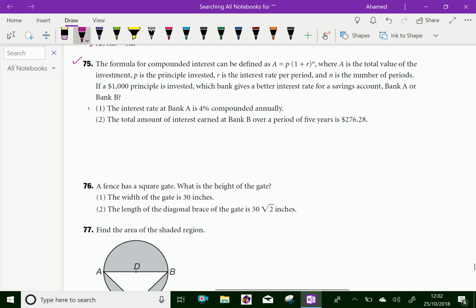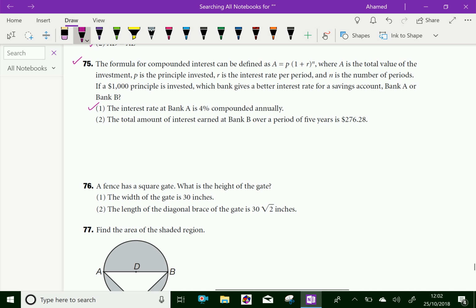Here the first statement says the interest rate at bank A is 4% compounded annually. The first statement does not say about the bank B percentage. That means the interest percentage of bank B is not given in statement 1.